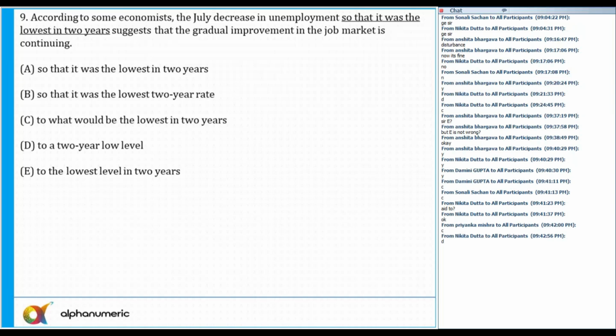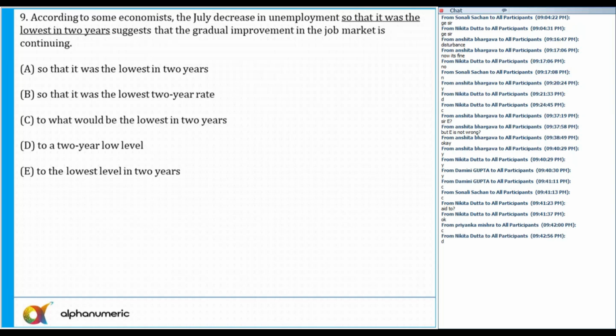The July decrease in unemployment to what would be the lowest in 2 years? No. To what would be the lowest in 2 years? Not really. The July decrease in unemployment, what would be lowest in 2 years?